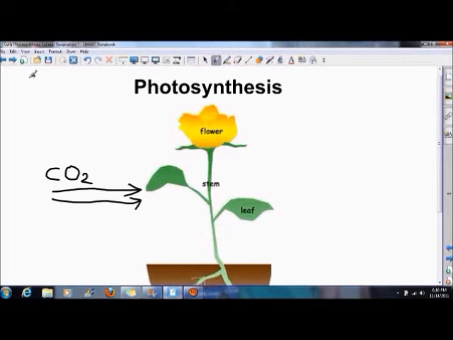They're also going to take in energy from the sun. So up here in the corner, let's draw a sun. And the plant's going to take that in, and we can label that energy.